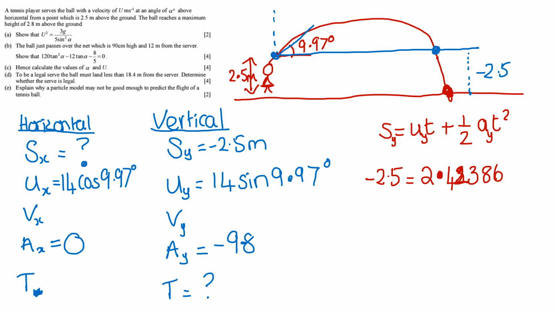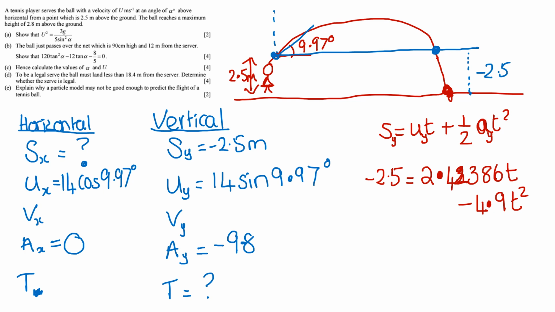It's a big number. So it's that T, plus, actually, because it's minus 9.8 gravity, can I write minus? That's gravity. So half of gravity is minus 4.9 t squared.